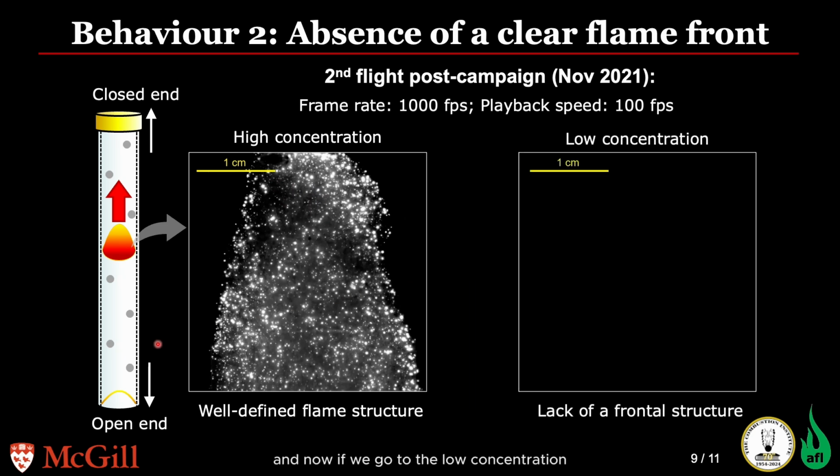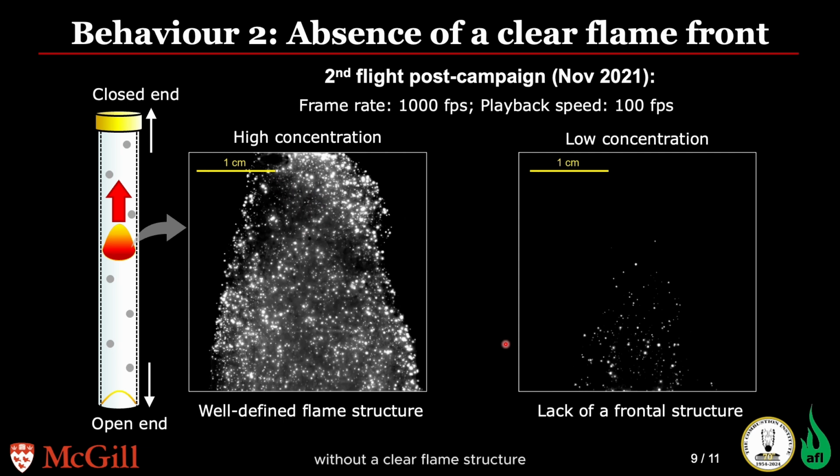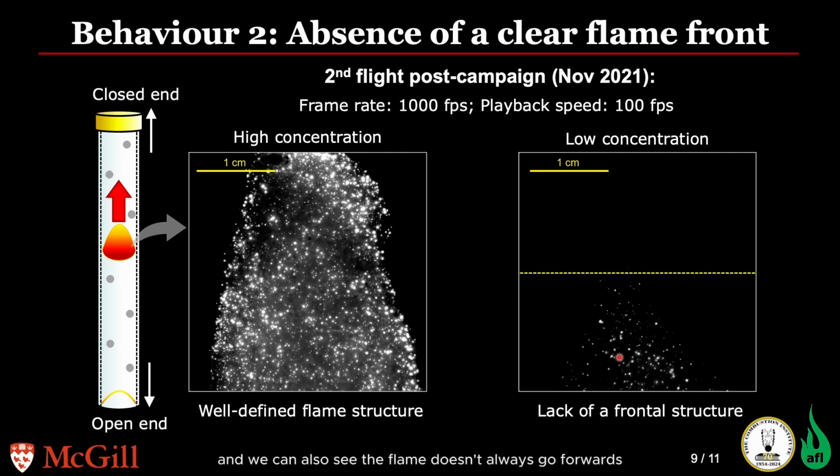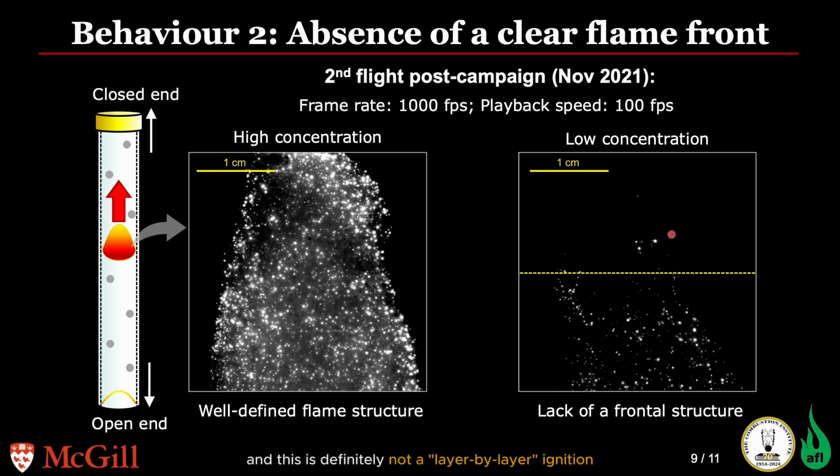And now if we go to the low concentration where the discrete effect is more significant, we now see random emission of particles everywhere without a clear flame structure, and we can also see the flame doesn't always go forwards, and this is definitely not a layer-by-layer emission with a clear frontal structure that we normally see in gas flame combustion.